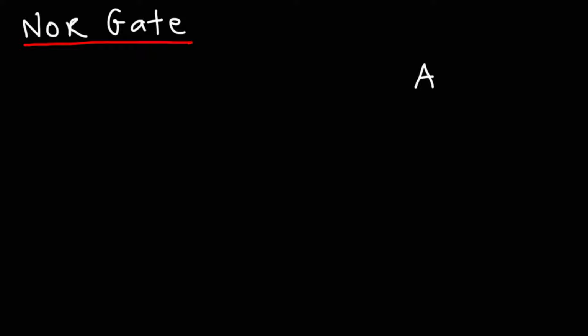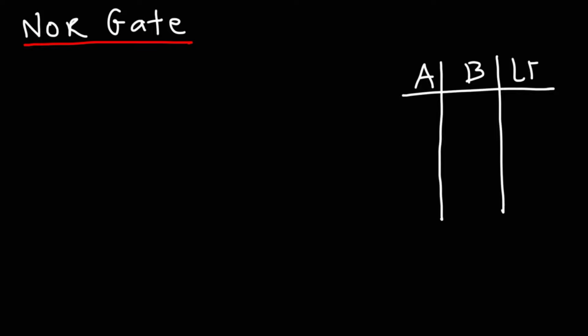Now, let's move on to the next logic gate. So this is going to be called the NOR gate. The NOR gate is the exact opposite of the OR gate. So we can begin by drawing the truth table. So this is 0, 0, and then 0, 1, 1, 0, 1, 1. So those combinations will not change.